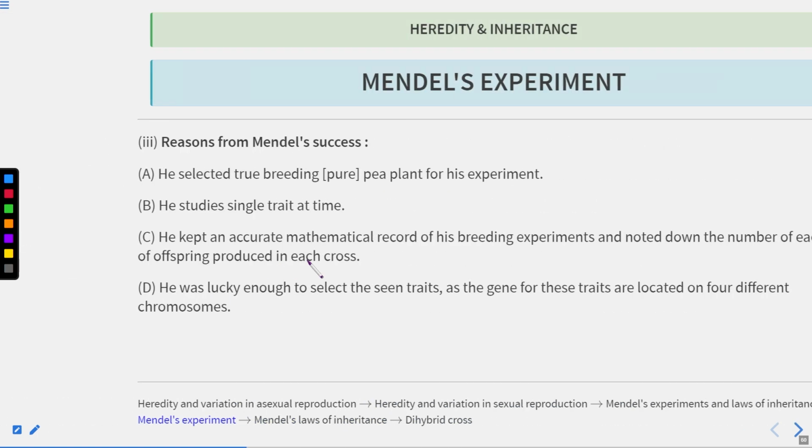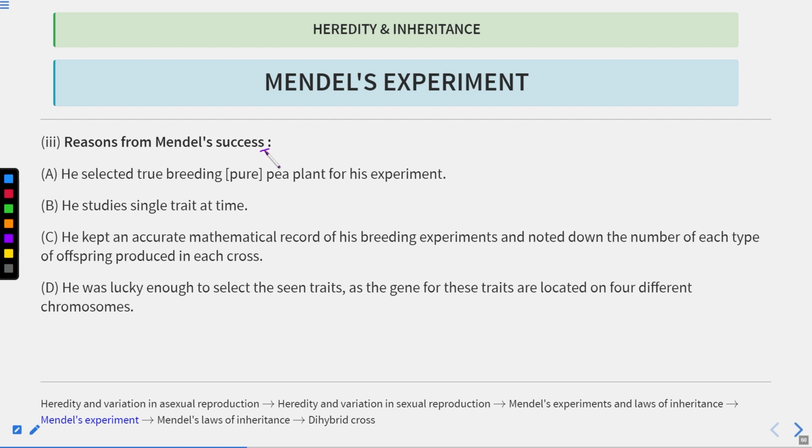Clear? Now the reasons for Mendel's success. Why did Mendel get success here? Because he selected true breeding or pure line pea plants for his experiment. True breeding means they were homozygous for a trait, and this homozygosity is achieved by self-fertilization or self-pollination.